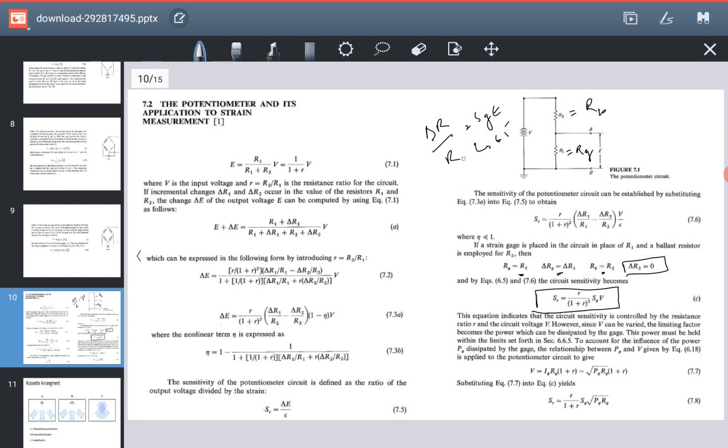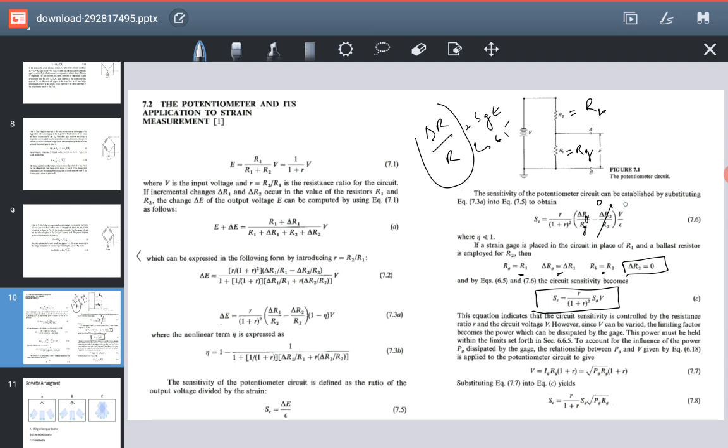Okay. This is the gauge factor. Okay. So if you see here, SC equals delta R1 upon R1. So this will be delta R1 will be Rg, and R1 will be Rg, and delta R2 upon R2 will be 0.